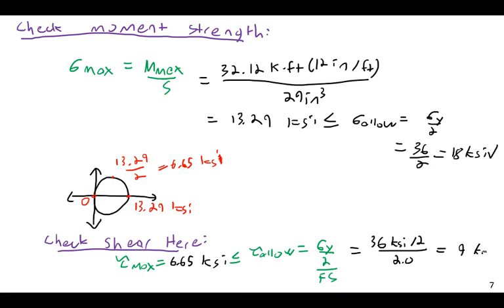So we're actually dividing the yield stress of the material by 4 to get the allowable shear stress, and we're good here. 6.65 is less than 9.